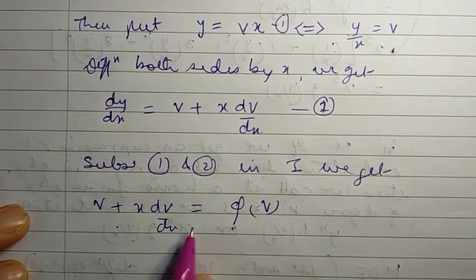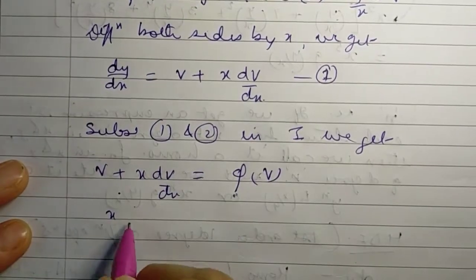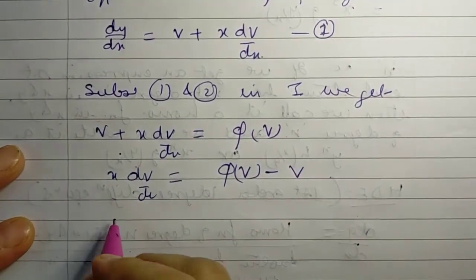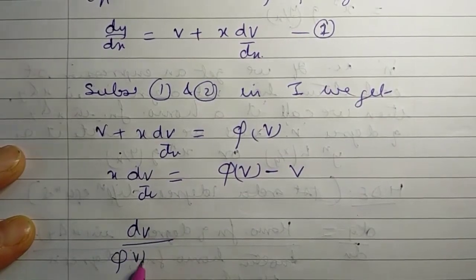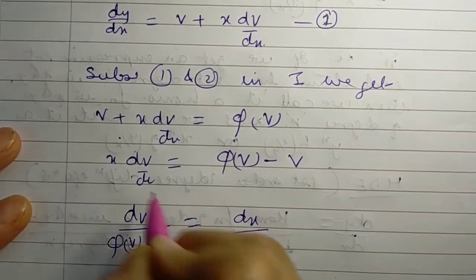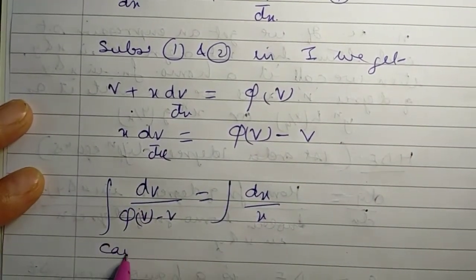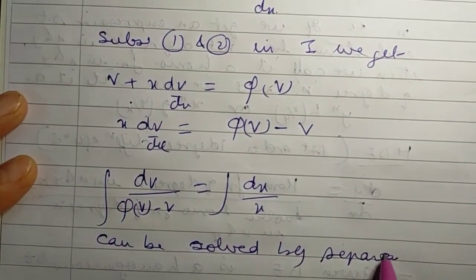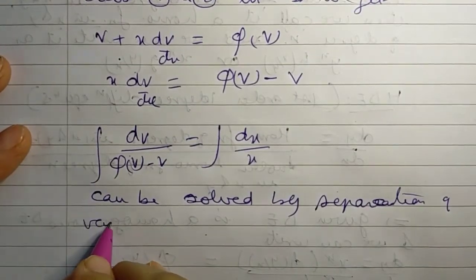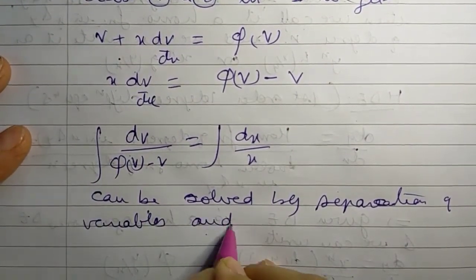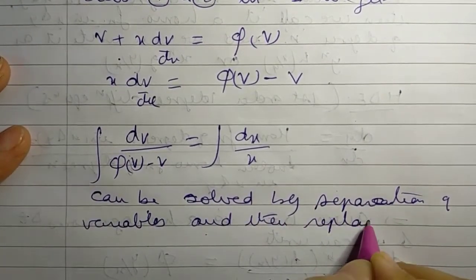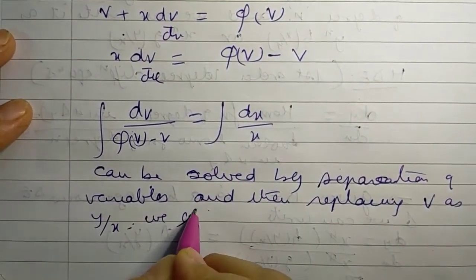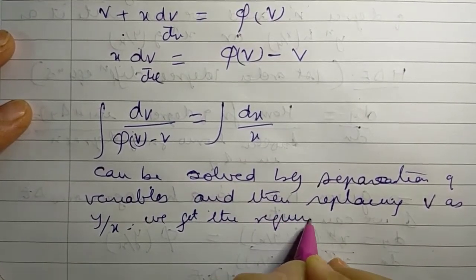You can separate the variables, so x dv by dx is equal to phi of v minus v, and so we get dv over phi of v minus v is equal to dx over x, which can be solved by separation of variables, and then replacing v as y by x, we get the required answer.